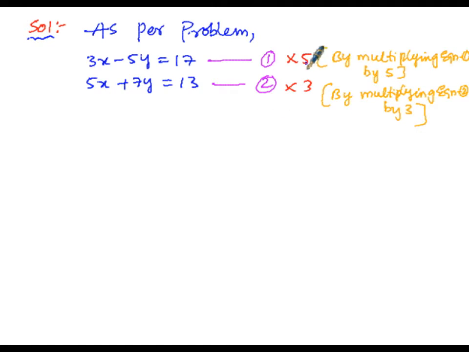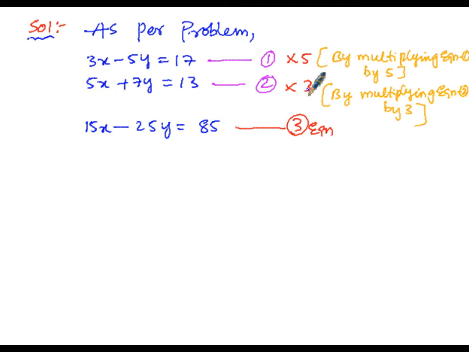So 5 must be multiplied with each and every term of the first equation. 5 into 3 is 15x, minus 5 5s is 25y, equals 5 into 17, that is 85. So equations 1 and 2 are covered. The second equation must be multiplied by 3. Each term must be multiplied with 3.